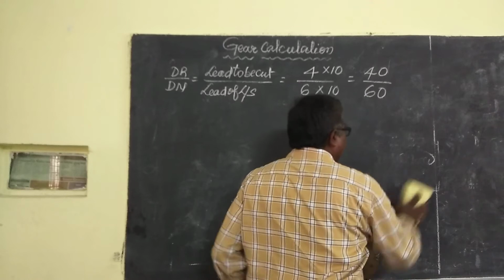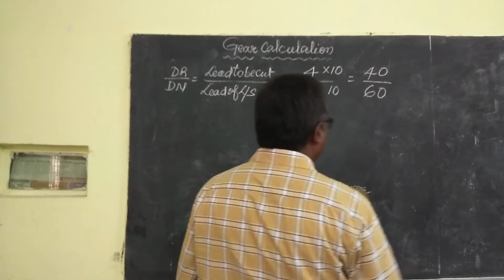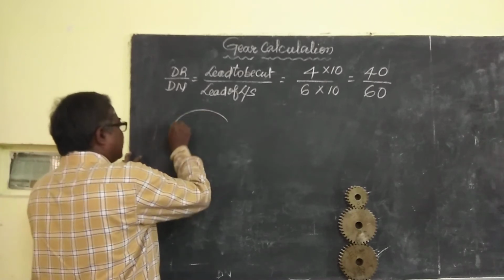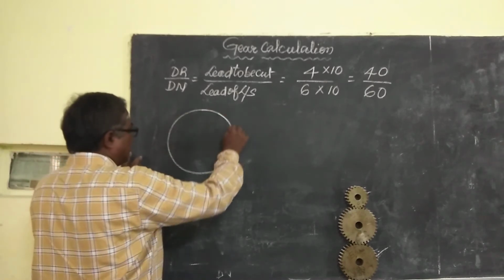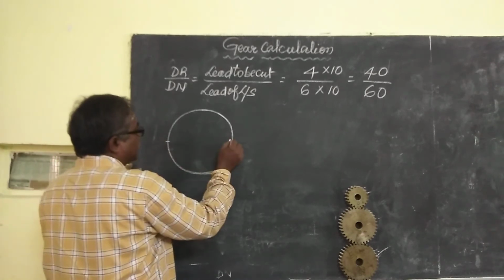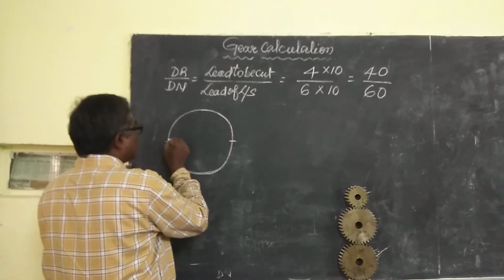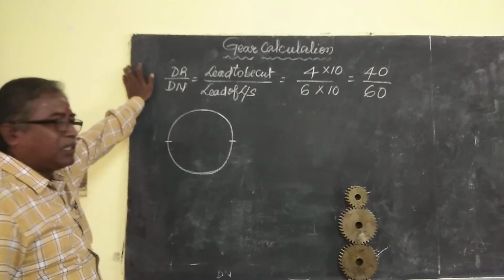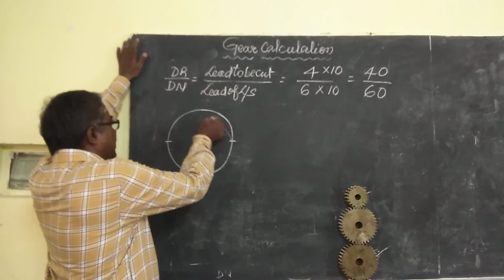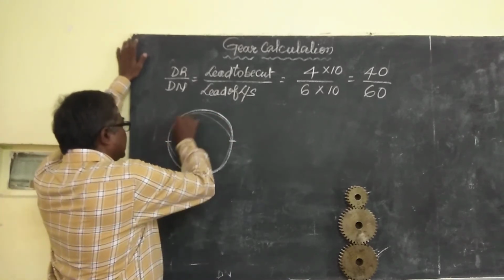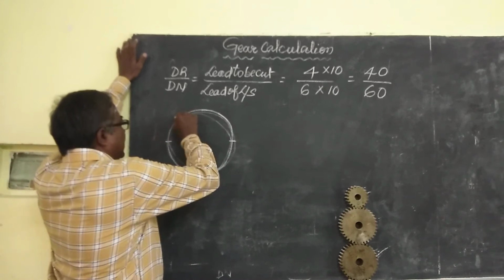Then one more thing I wanted to tell you. For example, this is the circumference of the job. When there are opposite starting points, we can say that is double start. One start starts from here and goes around like this, and the second start goes around like this, around the cylinder.